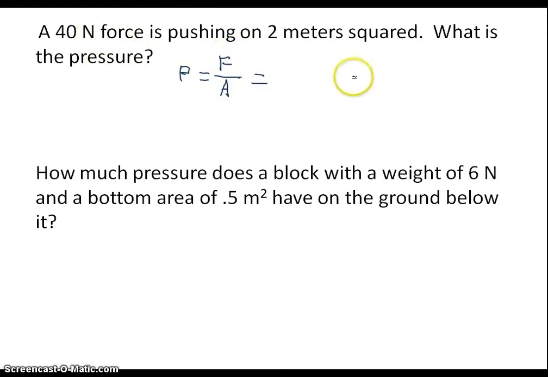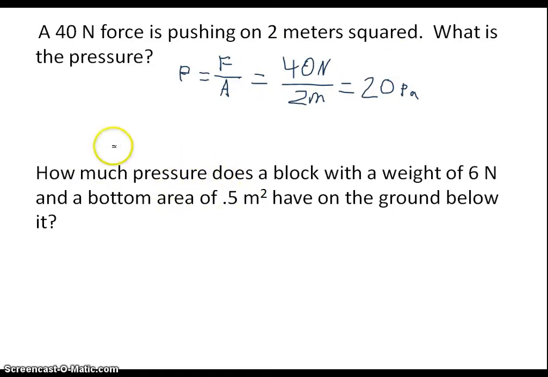Our force is in newtons. That's going to be 40. And area, 2 meters squared. 40 divided by 2 is 20. And this is newtons per meter squared, so we know this is going to be pascals. Okay, that's our answer.